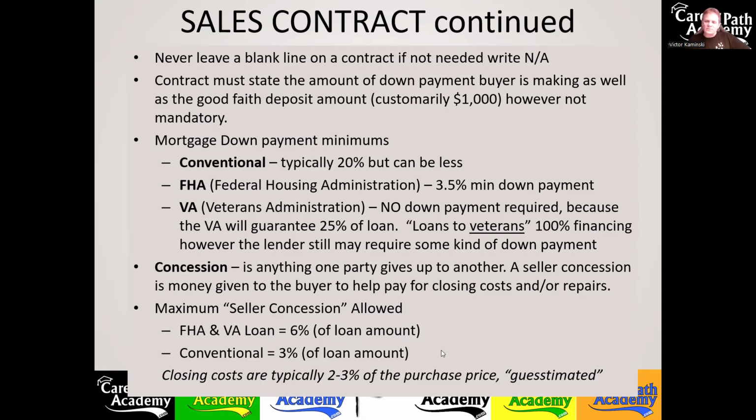Closing costs with loans are typically 2 to 3% of the purchase price. That's a guesstimated amount. You like that made up word I made? Is that even a real word, or is that just a made up word? Guesstimate, guesstimated. I'm not sure. I have to look it up. It sounds legit, right? It sounds like something that could be real.